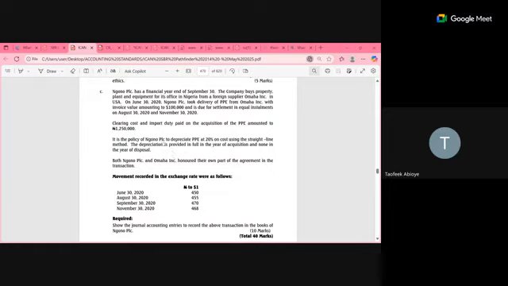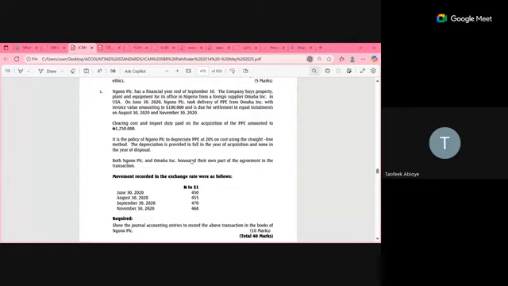So what are they telling us? They said Ngono PLC has a financial year end of September 30. The company buys PPE, property, plant and equipment, for its office in Nigeria from a foreign supplier, Omar Incorporation in US. Can you see now?